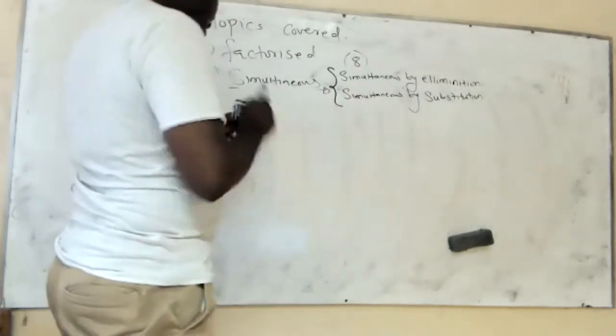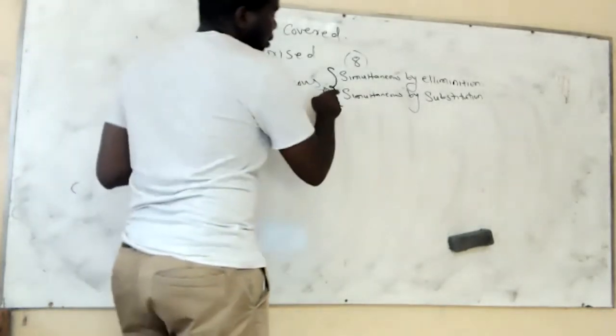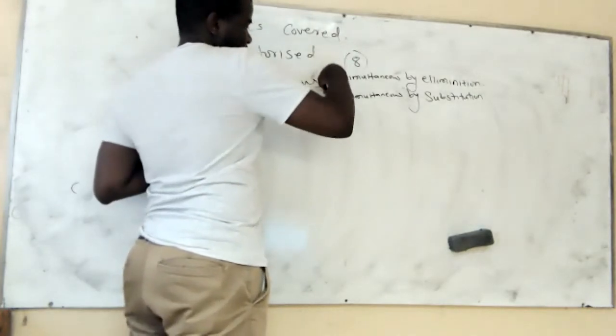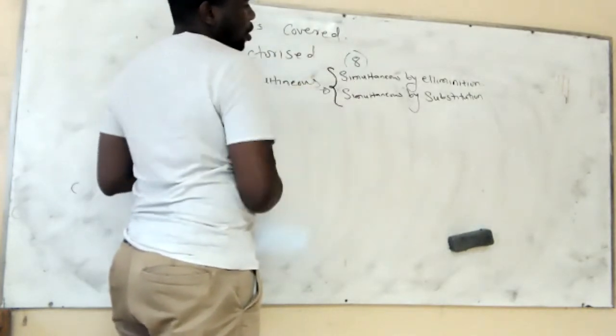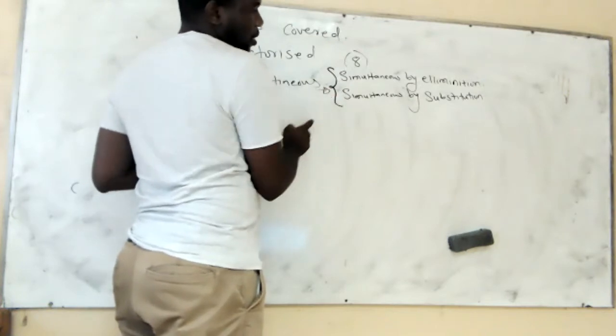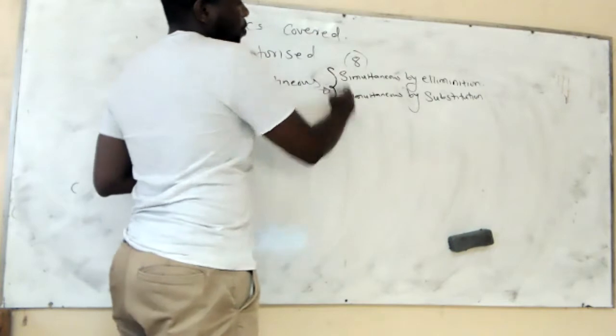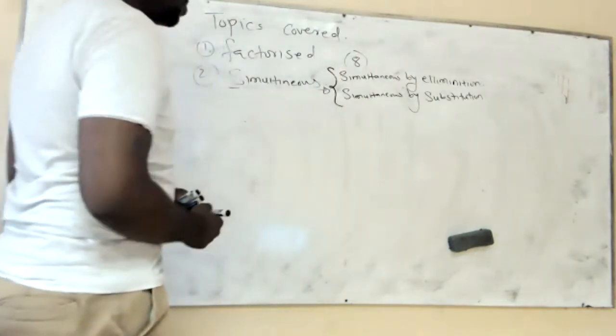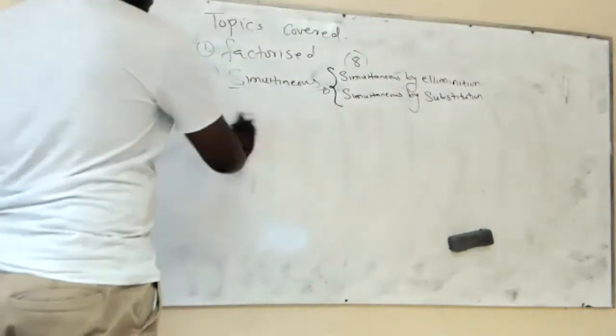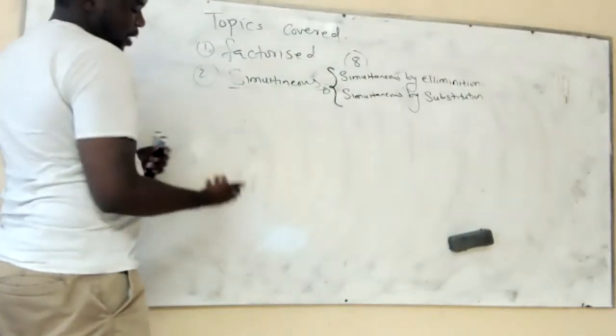But one of the very interesting things about these questions is that questions of simultaneous by elimination, you can solve them by simultaneous by substitution. Now, questions of simultaneous by substitution, you can solve them by using simultaneous by elimination.